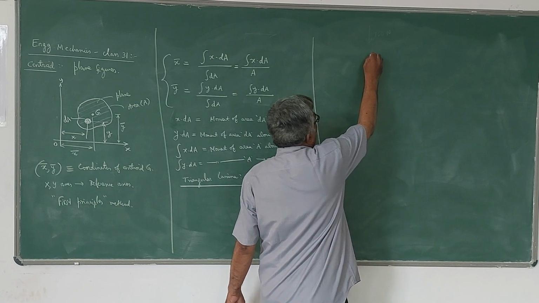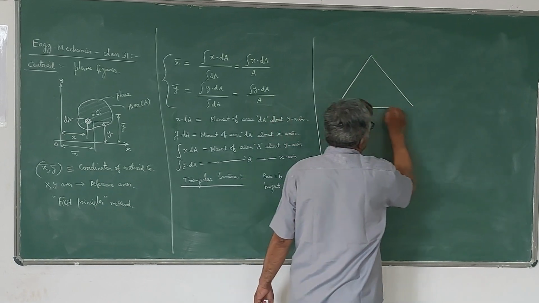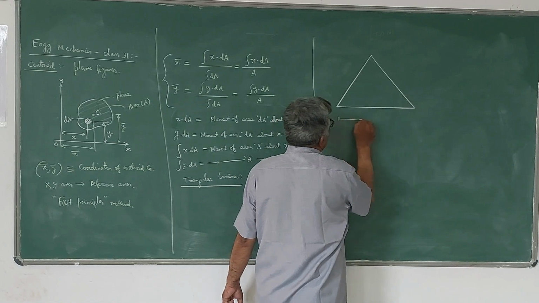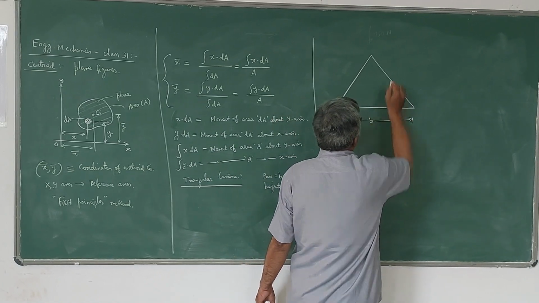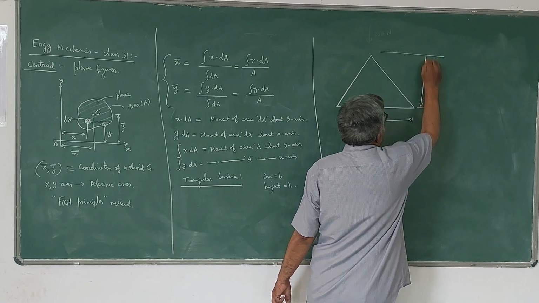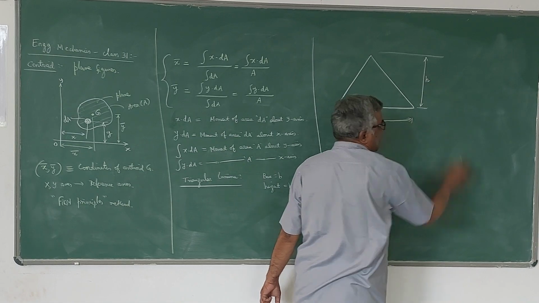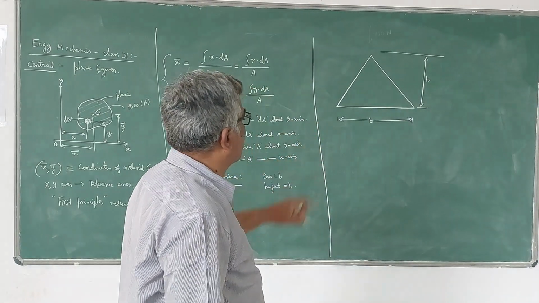Normally, we take any triangle with base B and height h. It can be any type of triangle: an acute angle triangle, an obtuse angle triangle, or a right angle triangle.